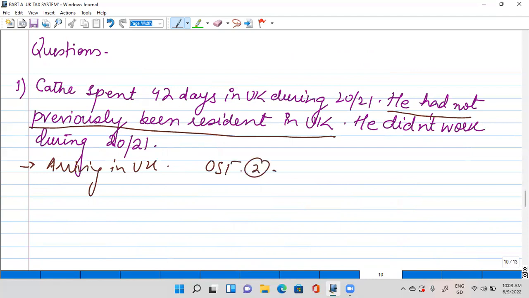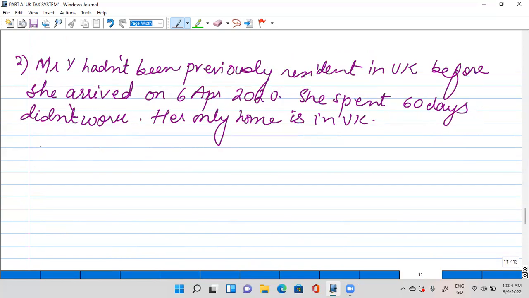So we are going to consider her a non-UK resident for 2021. Got this? This is how we are going to look into all of the factors in our case studies or the MCQs.